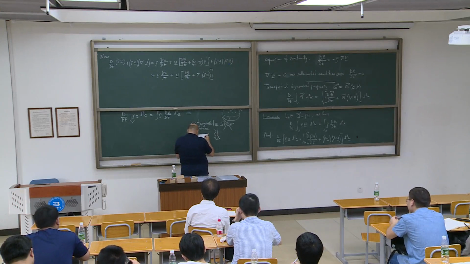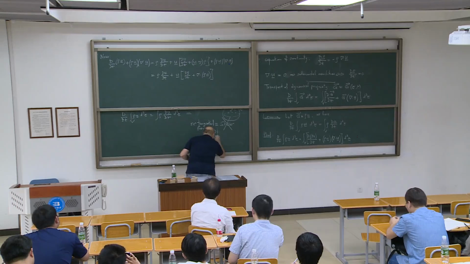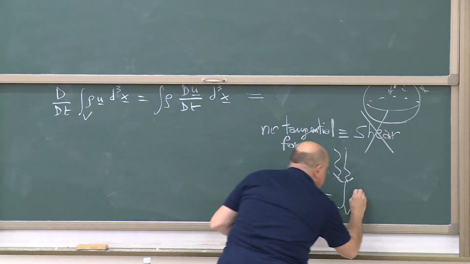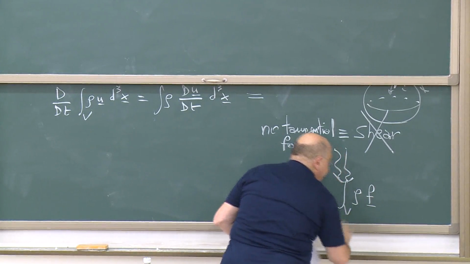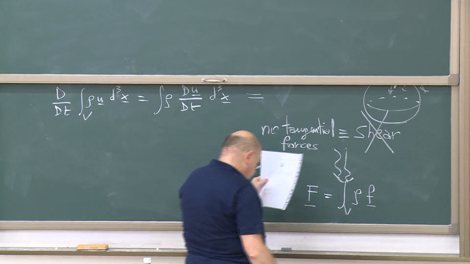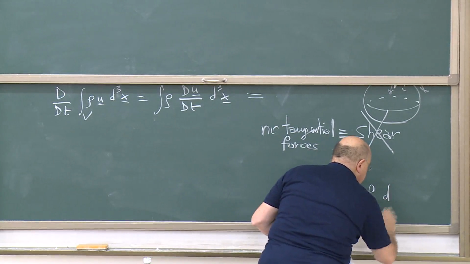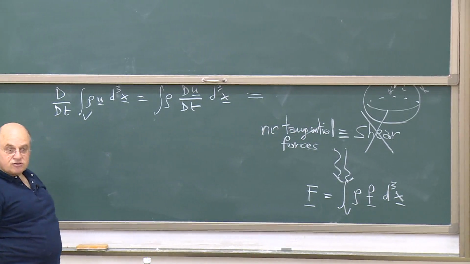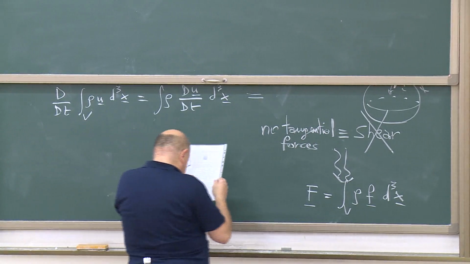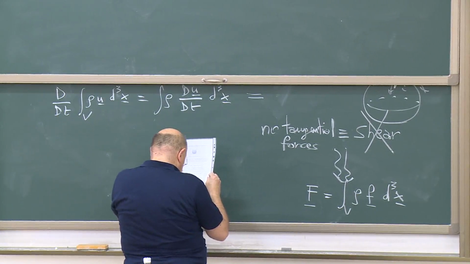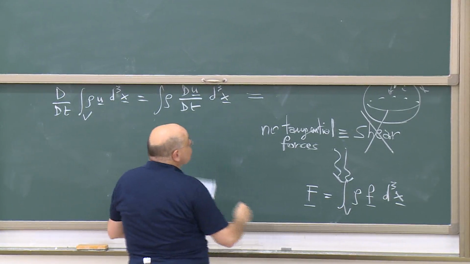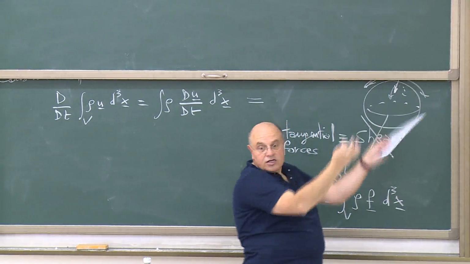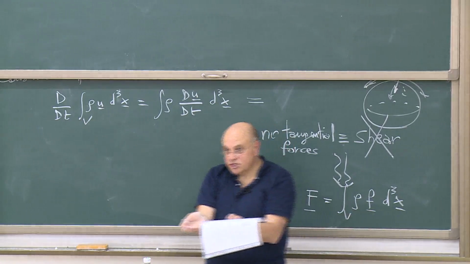Any force I can write as a volume force. I can write rho little f, for this capital F per unit volume and per unit density, d3x. This is one type of force I can consider. And the other type of force, of course, I have to express as a force on a surface.